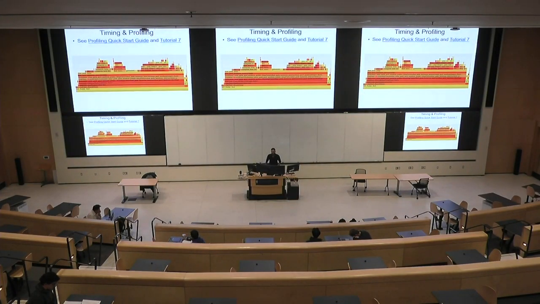Okay. The other thing that you can do is to use the profiler to see how long each of your functions is taking. There is a quick start guide and also tutorial 7 talks about how to use the profiler. And you can draw these flame graphs, which span your whole program. From it, you can notice how long each of your functions is taking.